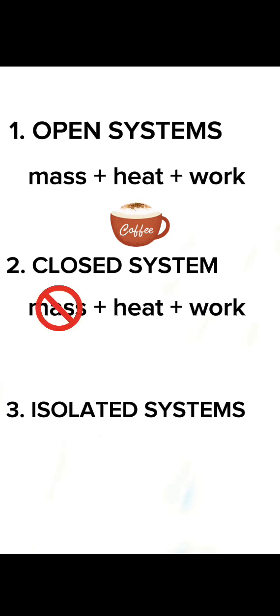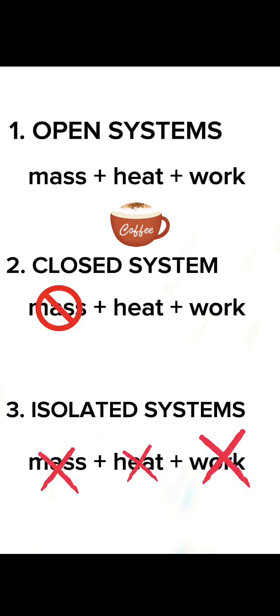However, heat will be lost to the environment. That's an example of a closed system. And then an isolated system is a system where neither heat nor mass nor work are allowed to leave the system. So those will be our types of systems.